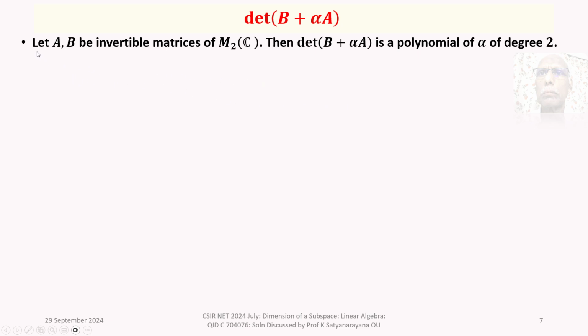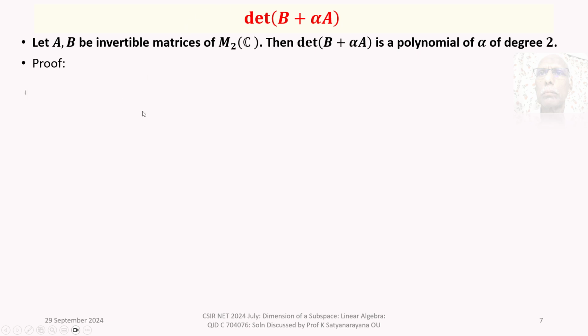Therefore, we will prove this one. Let A, B be invertible matrices of M2 over C. Then determinant of B plus alpha A is a polynomial of alpha of degree 2.